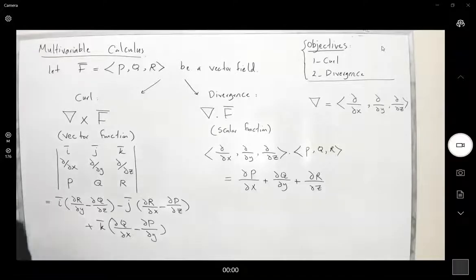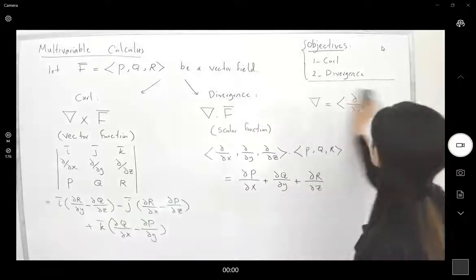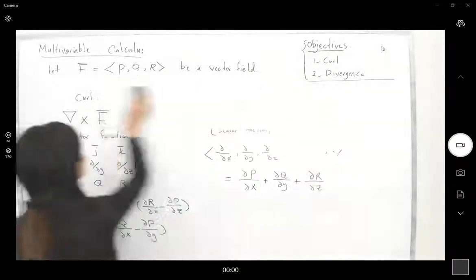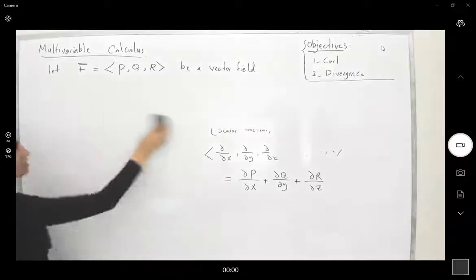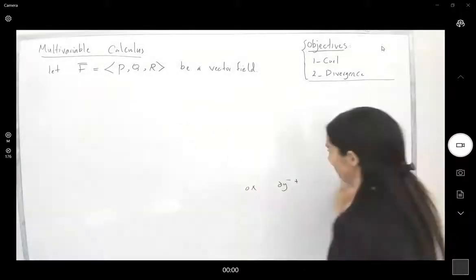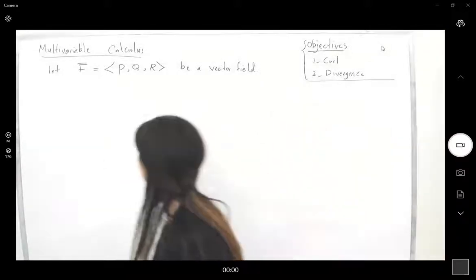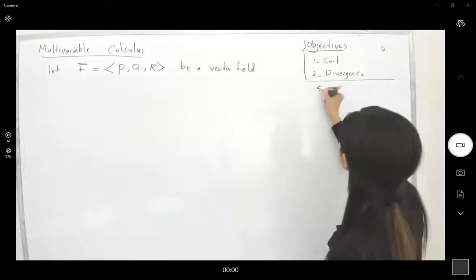A couple of theorems. So let me write down the definition of curl and divergence here on the right-hand side. Then we go over a couple of theorems. So, summary.